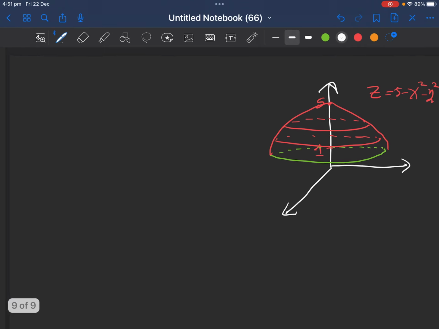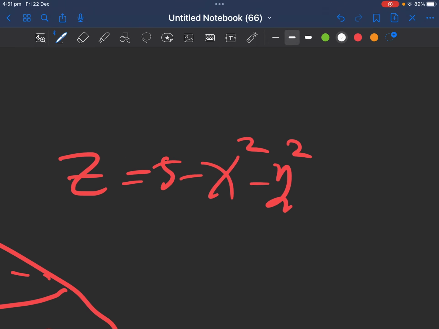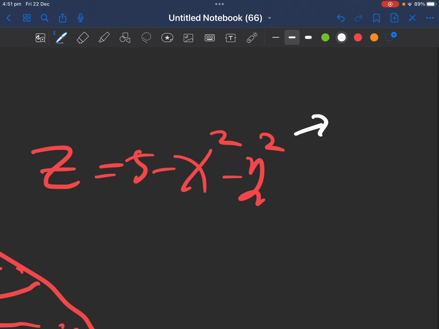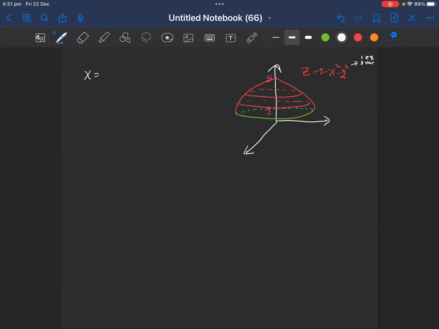Now, the best idea to have the parameterization is, let me just write it down here. I have one equation, 3 variables, so 2 of the variables can be any that we choose, and the best ones to choose are x and y.